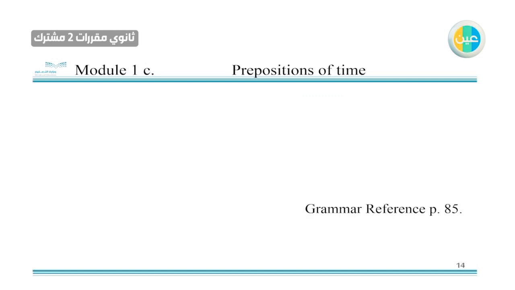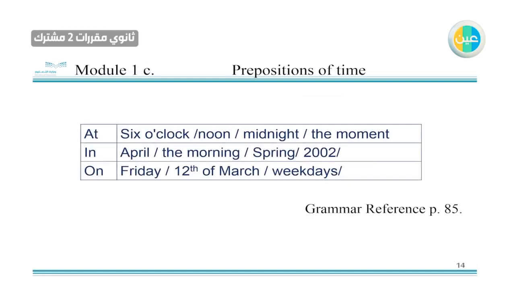Now, prepositions of time. It's very important for you. It's not just about memorizing, it's about understanding, but you have to know that some prepositions go with certain expressions of time. Since it's a very long list, and I don't want you to think about just 1 or 2 examples, I put the grammar reference for you, page 85. You will have a list of all the time expressions there that go with each preposition.